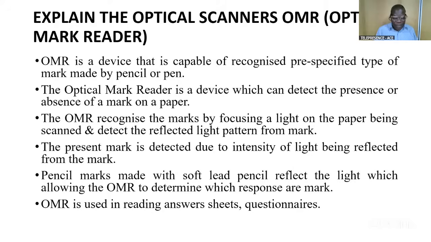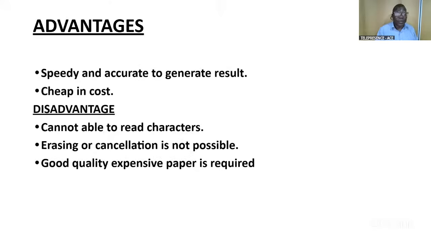Pencil marks made with a soft lead pencil reflect the light, which allows the OMR to determine which responses are marked. OMR is used in reading answer sheets and questionnaires. Advantage: speedy and accurate in generating results, cheap in cost.